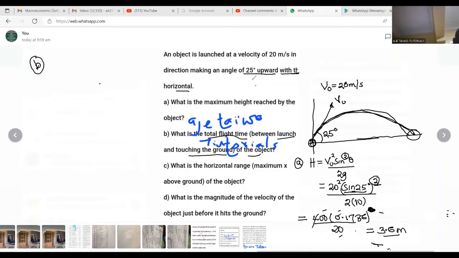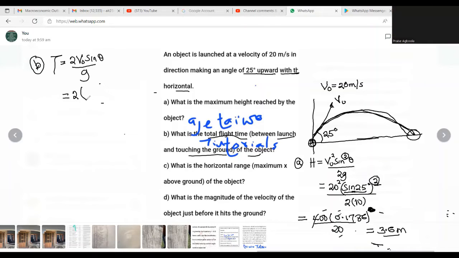And the formula for time of flight is 2V naught sine theta all over G. That's 2. What's your V naught? Our V naught is 20, the initial speed. Times sine 25, all over G. That will give us 40.